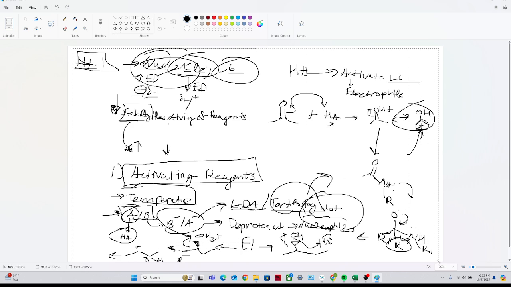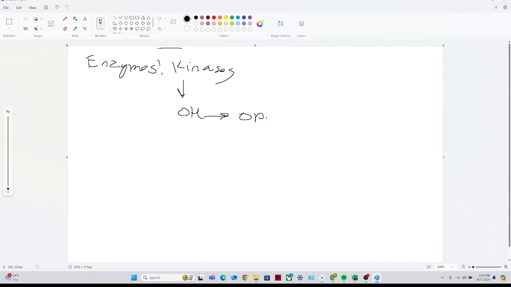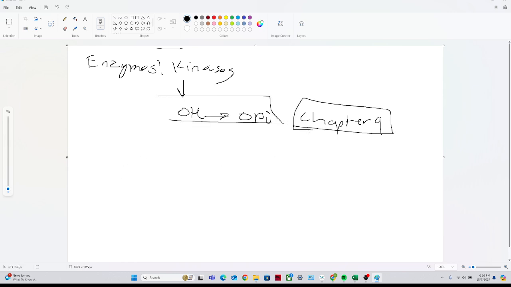These kinases go to hydroxy groups and replace them with OPi, an organophosphate. They don't really replace it, they do a reaction. This is in chapter 9 of your textbook, by the way. It's all about phosphate reactions. I'm not going to go through the mechanism. I actually have a video on the mechanism, and you can watch it there.